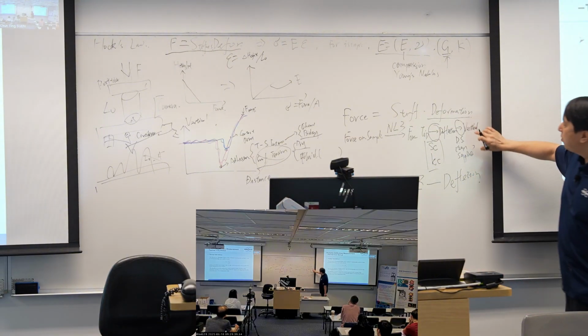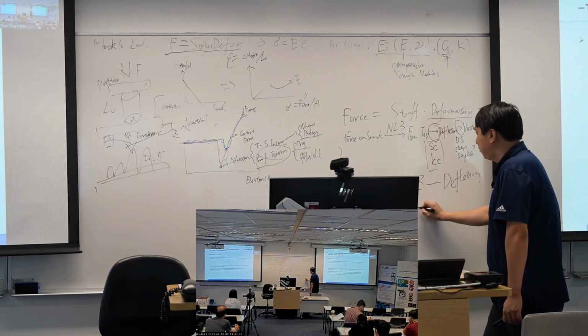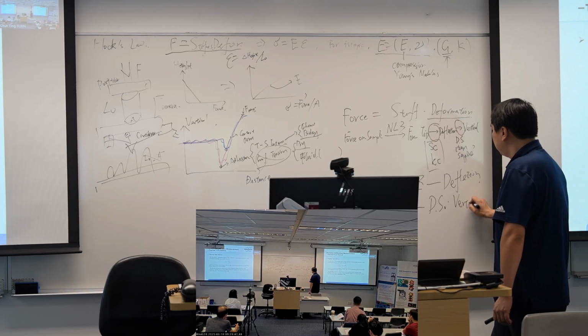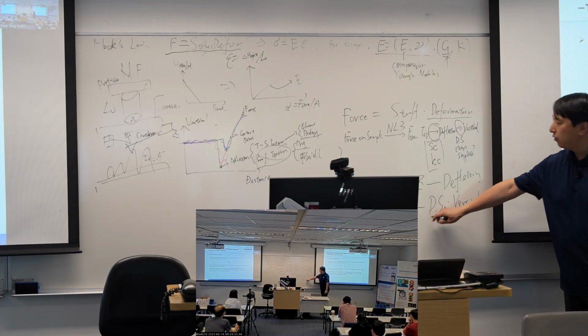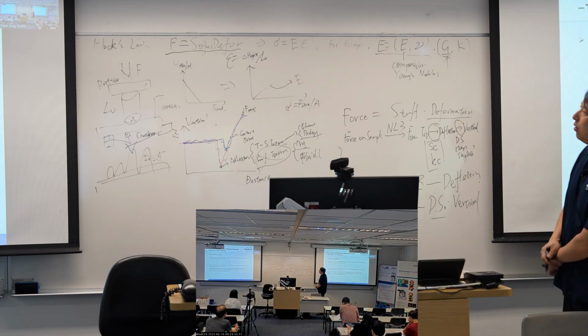So once we capture the deflection sensitivity, we can write it down as this one. So after the calibration of deflection sensitivity, we can get the deformation of our sample.